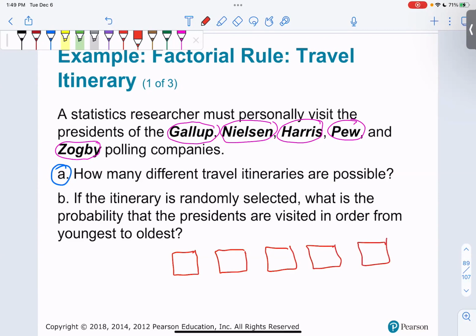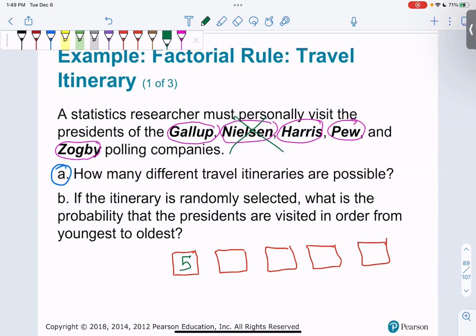So for the first visit, how many choices does he have? He can choose any one of those 5 companies, right? So he has how many ways? 5, right? He can choose the Nelson, or I don't know, the Harris, right? So for the first visit, he has 5 choices. Imagine that he did choose this one; he will not visit it anymore, right?